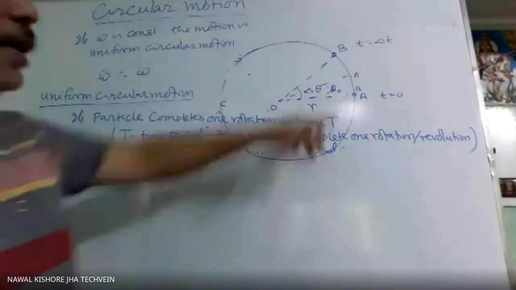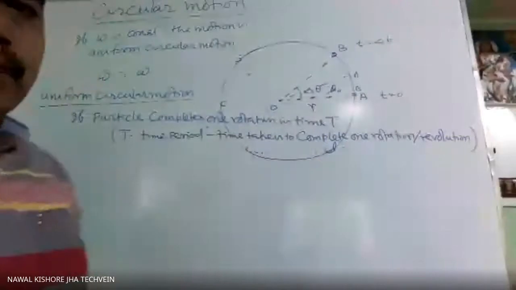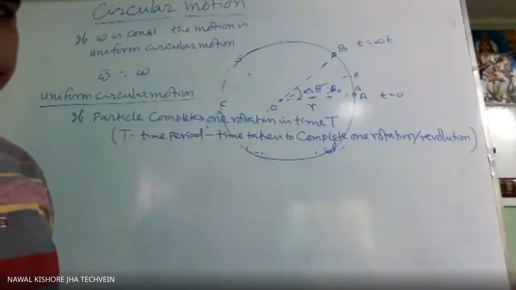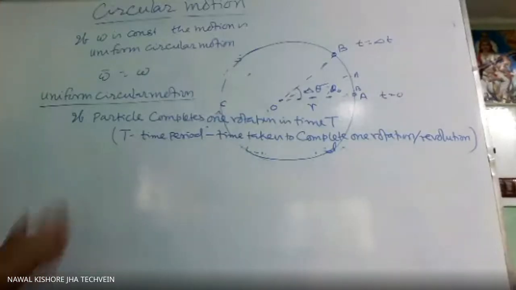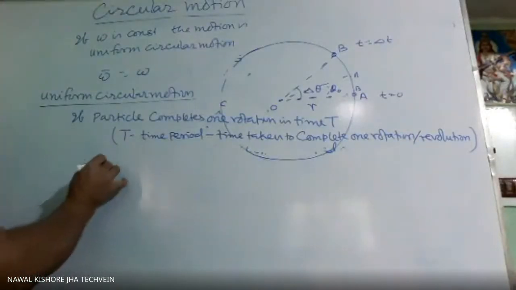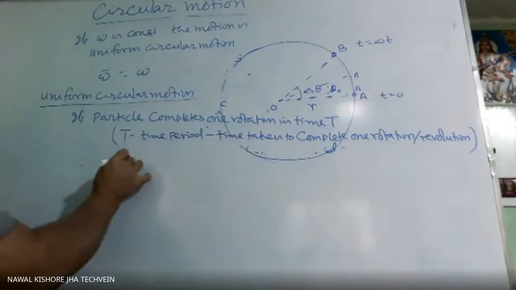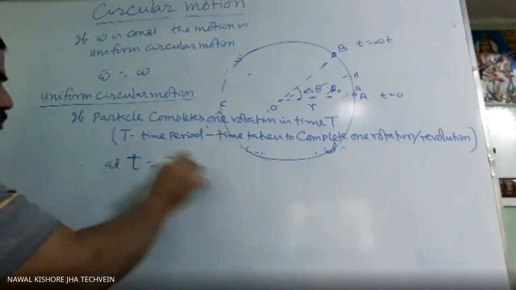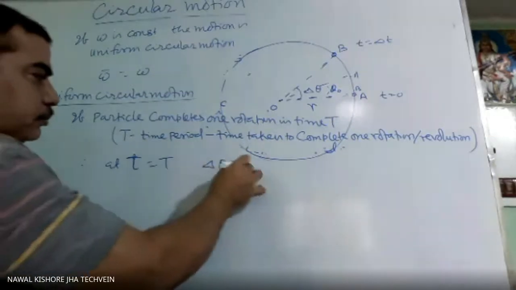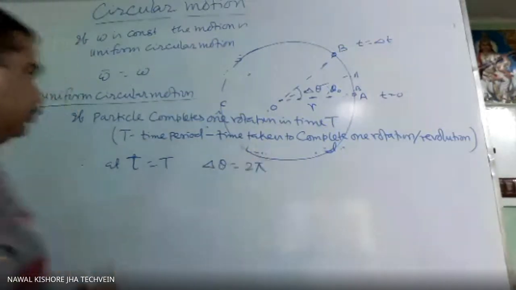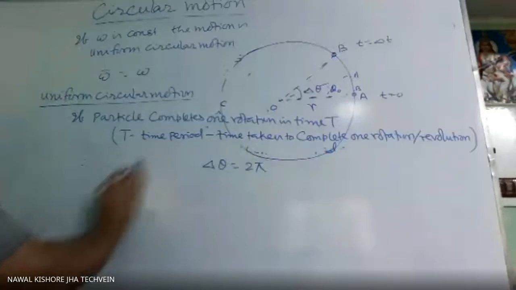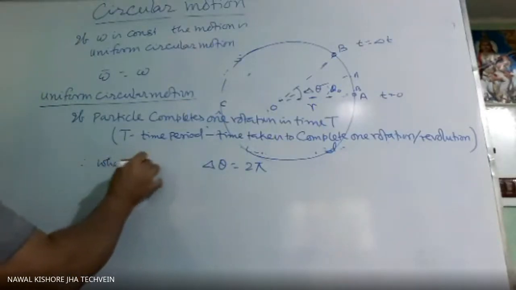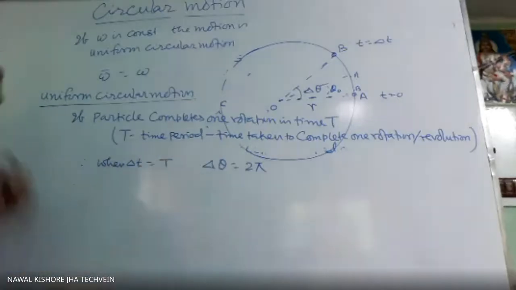So when it completes one rotation, what is the angle subtended? At t equal to T, what will be delta theta? 2 pi. When delta t is T, delta theta will be 2 pi.